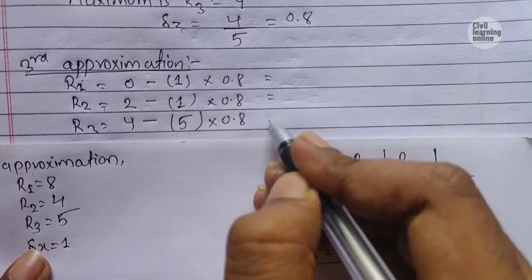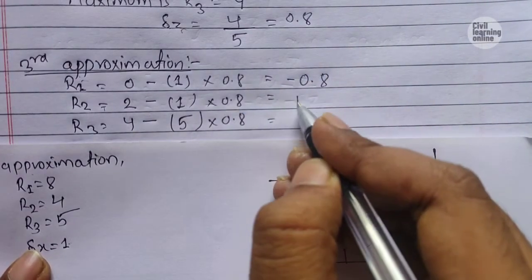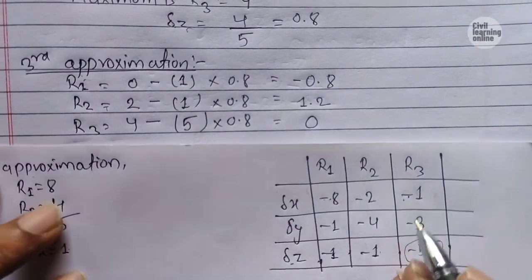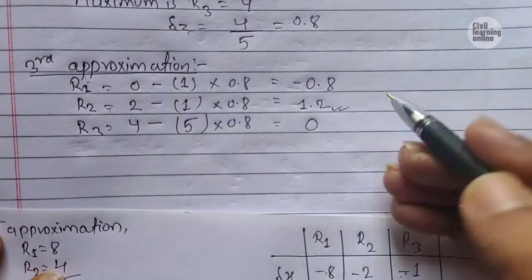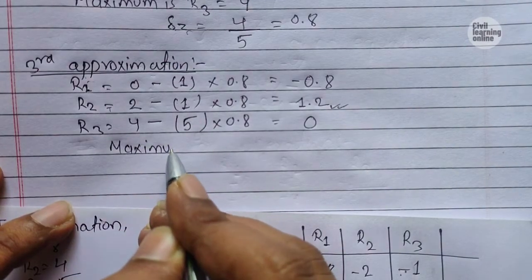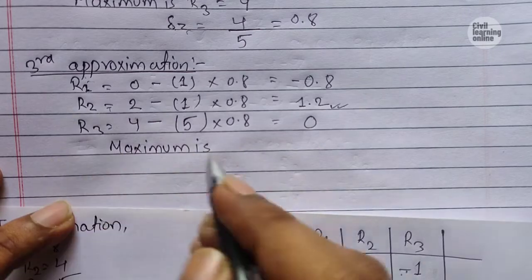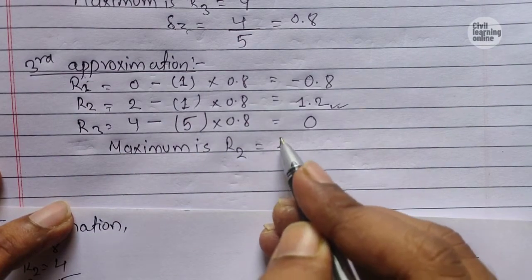On solving this, we will get minus 0.8, and again we will get here 1.2 and 0. Now we have to again look for the maximum value, and the maximum value is 1.2 here, so the maximum is r2, so r2 equals to 1.2.